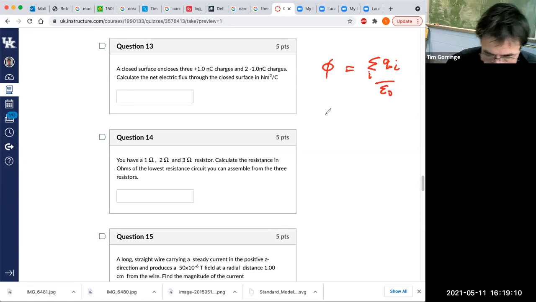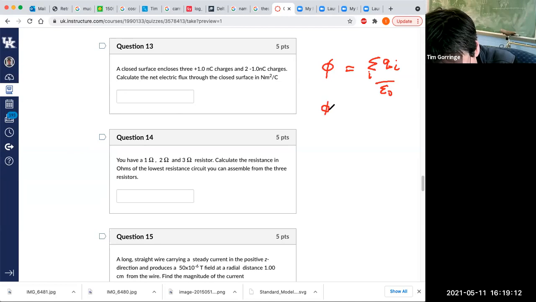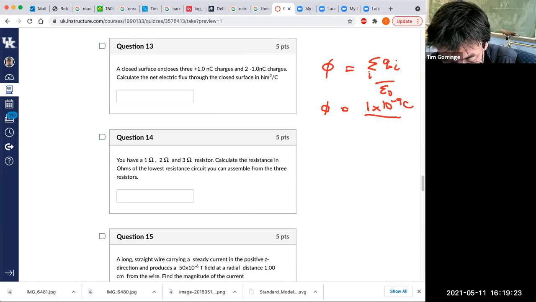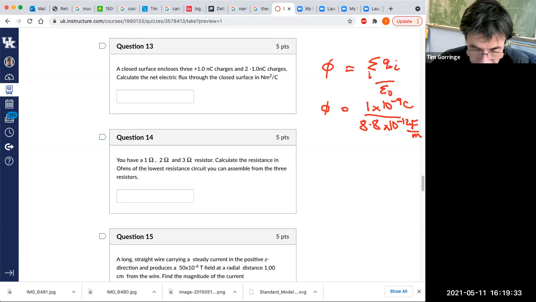Okay, so in this case, our total charge is going to be just 1 nanocoulomb. And the permittivity of free space is 8.8 times 10 to the minus 12. The simplest way to write the units is farads over meters.